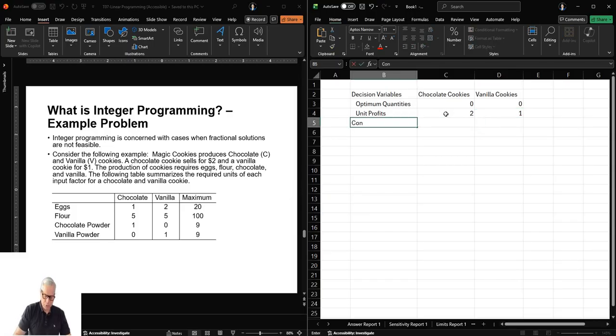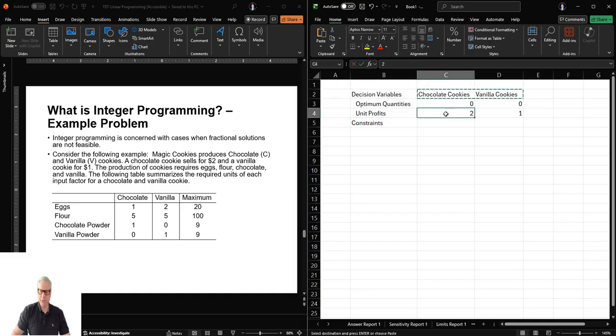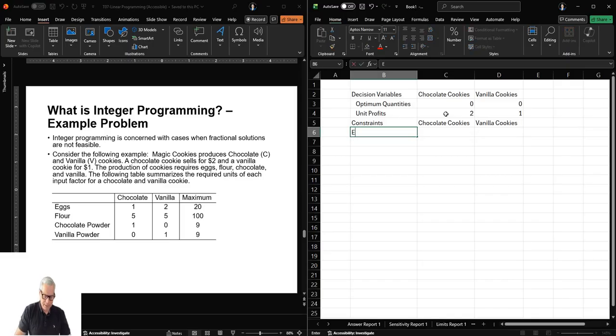So then we go to the constraints. I just copy that quickly from here. And we have eggs, flour, chocolate powder, and vanilla powder.